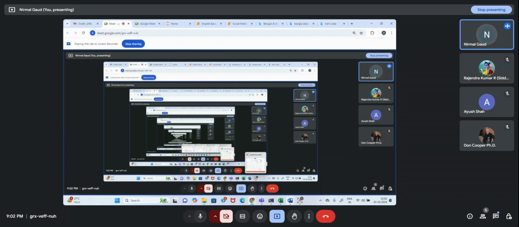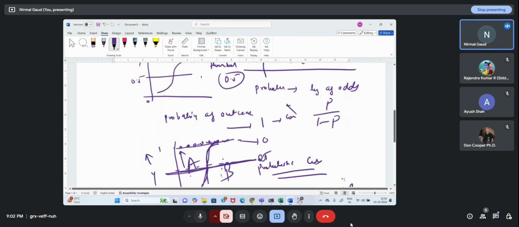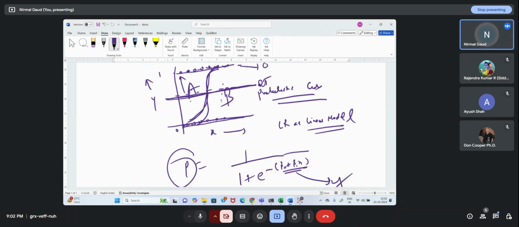So for any value of x, 0 is here and 1 is here. That's it. Nothing else.